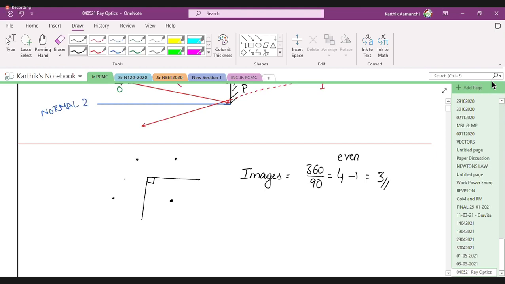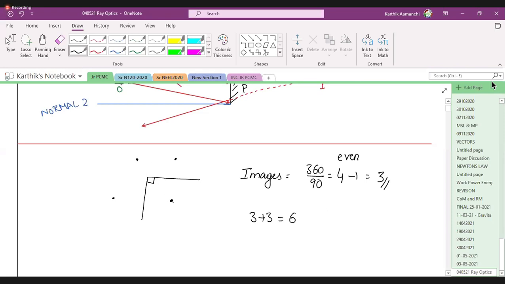the intersection of your mirrors. Now, if I put another mirror on top of it, these images will form one image there. 3 plus 3, which is 6.